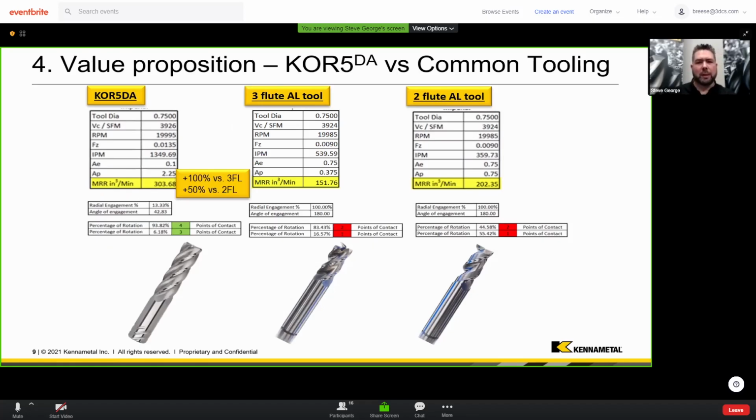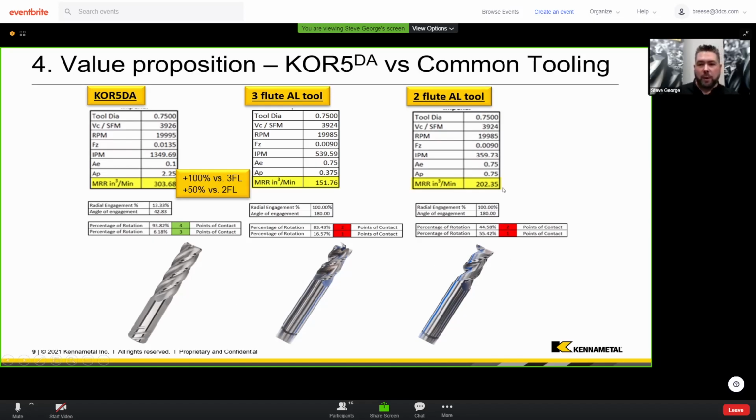First, I'll show you a little example here. This is off of our Core 5DA end mill, which is designed specifically for aluminum. This is a 5-flute end mill. It's through coolant, and it has a specific chip splitter profile. I'll explain what that means in a minute.